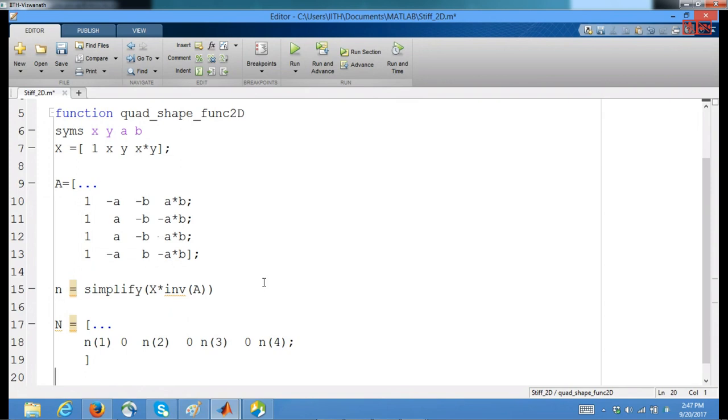Then this is 0, this is n1, this is 0, this is n2, this is 0, this is n3, 0, and 4.